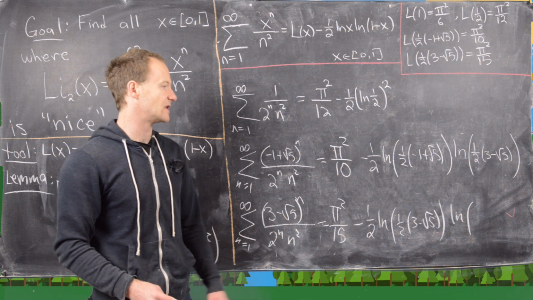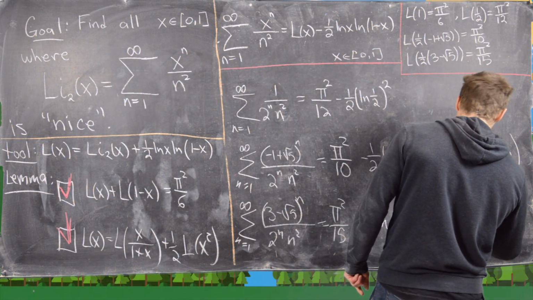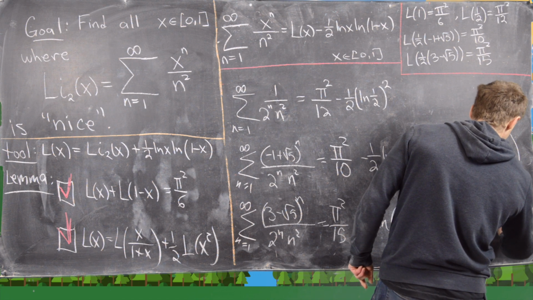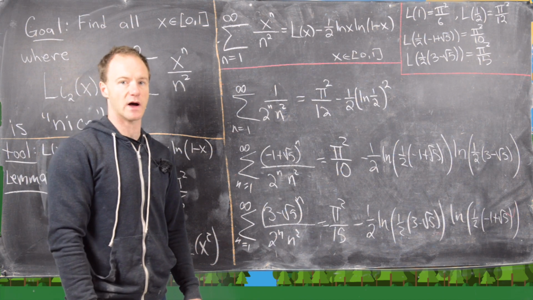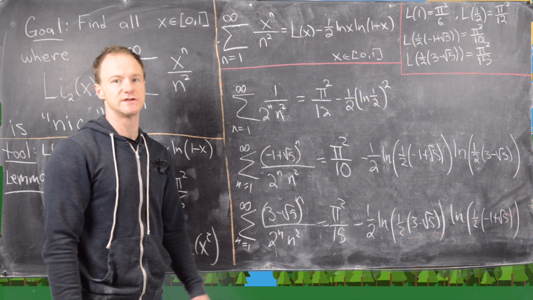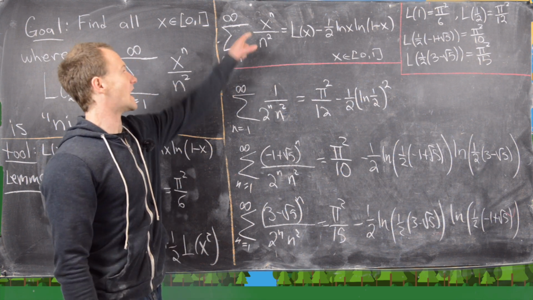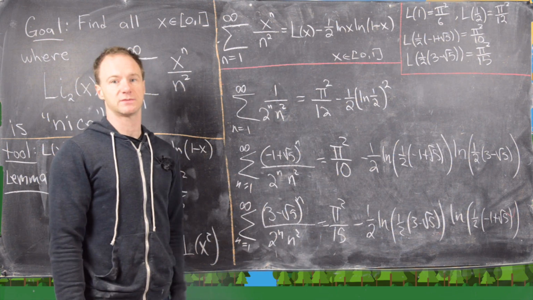But then again, I'll let you check that 1 minus that brings you back to this guy, so that's going to be 1/2 times -1 plus root 5. And again, you can do some simplification on those terms as well. Okay, so again, this is all like the nice closed elementary forms for values of x plugged into this sum on that interval. It's a good place to end this video.